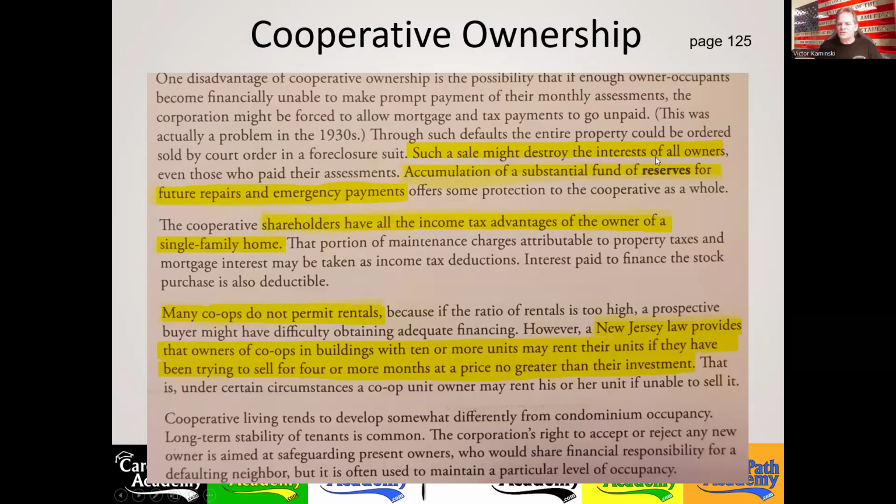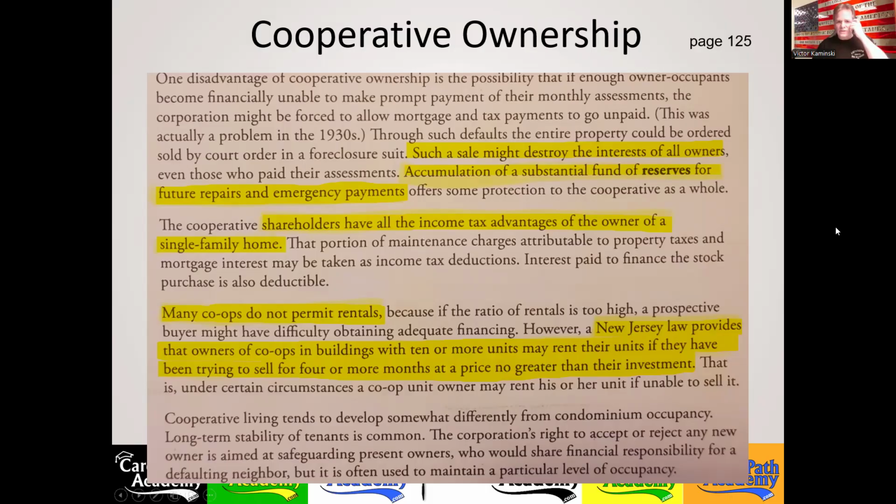And such a sale may destroy the interest of all the owners, even those other owners who have been paying their monthly assessments on time. Because of that, they're more selective, and they don't take tenants with credit scores lower than 620. They're looking out for the community as a whole.